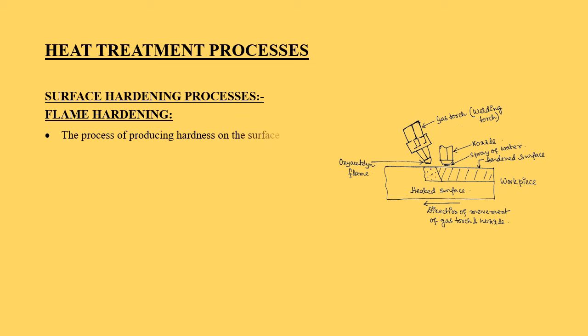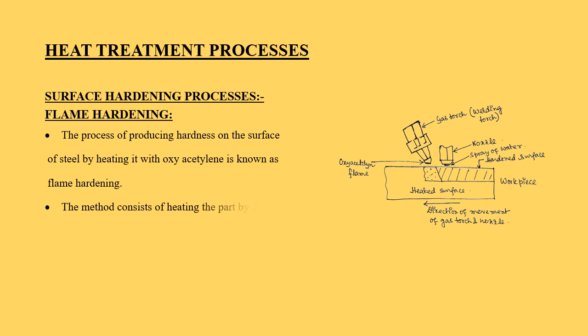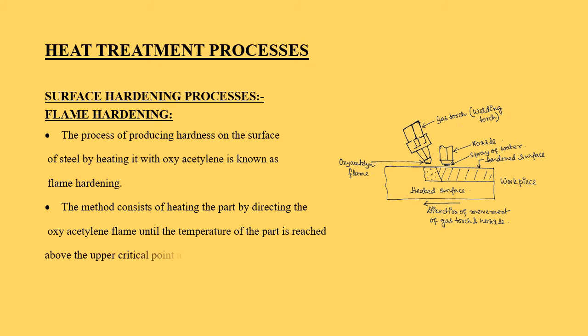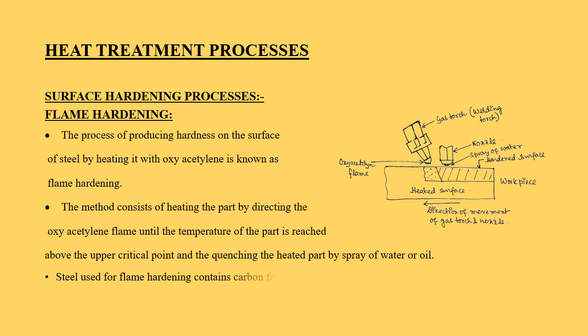The flame hardening is the process of producing hardness on the surface of steel by heating it with oxyacetylene. In this method, the steel part is heated by directing the oxyacetylene flame until the temperature of the part reaches above the upper critical point, and then quenching the heated part by the spray of water or oil.